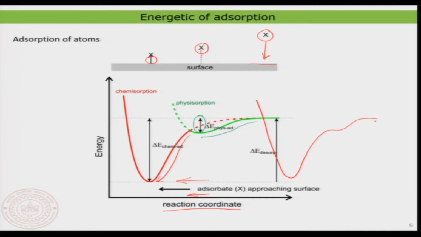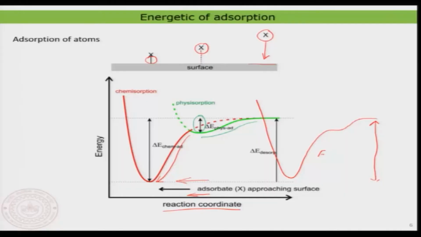And the magnitude of this energy is the total gain in energy, which is something you call the adsorption energy. But that is the same amount of energy that you also require to remove the atom from the surface. Therefore, you can also call it the energy for desorption.